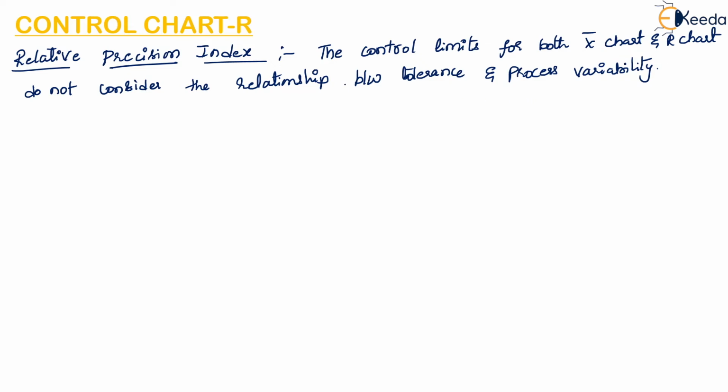So as they are not showing any relationship between tolerance and process variability, these two charts do not provide any clue for the drifting of the process towards one side. If the process is drifting towards one side, the X bar and R chart are not providing any clue about the drifting.